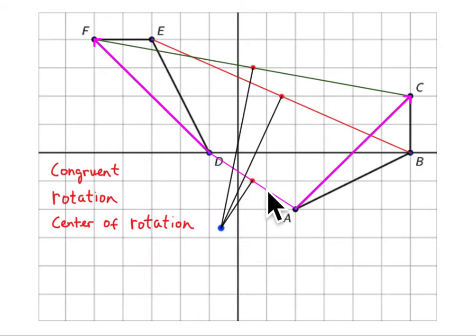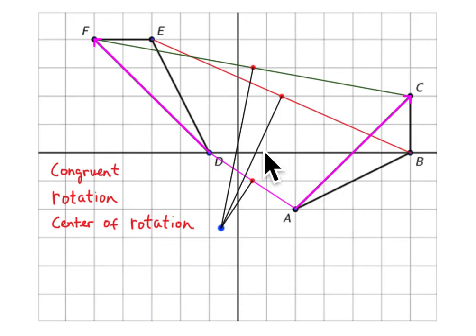And A to D, same thing. The midpoint is right here. I did this in Doceri once again, and I found each of these midpoints just by snapping a line segment to this line segment. So that when you get that line segment close to this line segment, it will snap to the midpoint once you move it past that midpoint. All right, so this is the center of rotation.